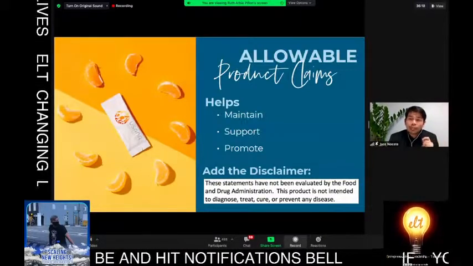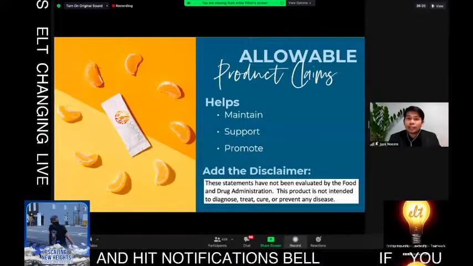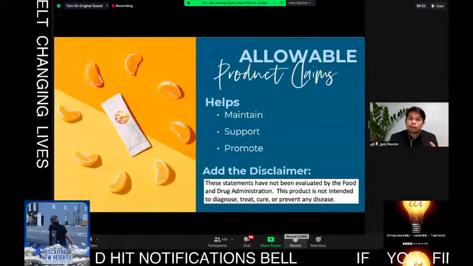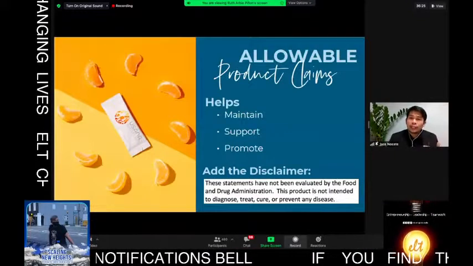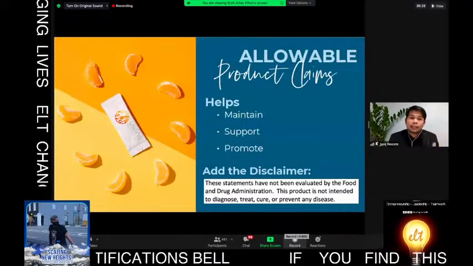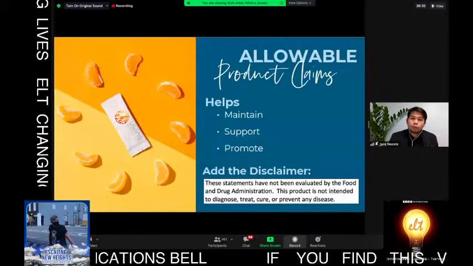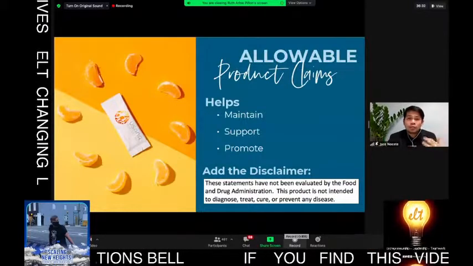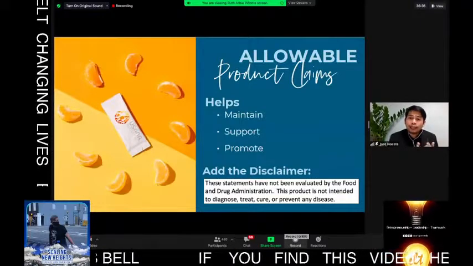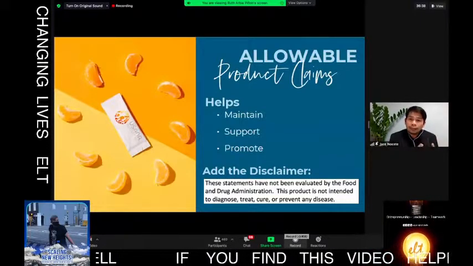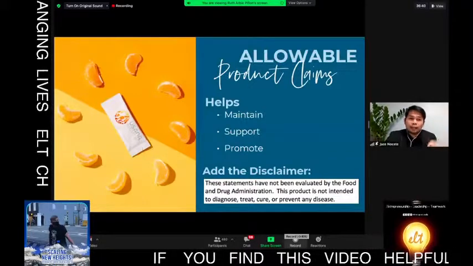And at the same time, this will send signals sa ating regulators that we are taking our ads seriously, and we do not want to mislead our customers. So we make sure that we use these three terms: helps maintain, helps support, and helps promote. And we always add the disclaimer.